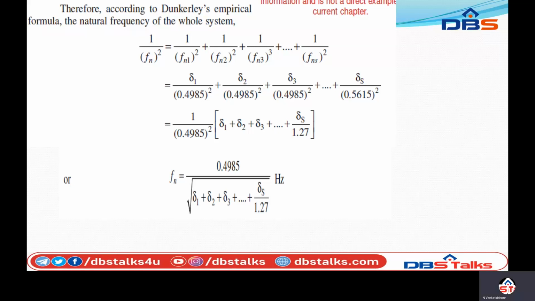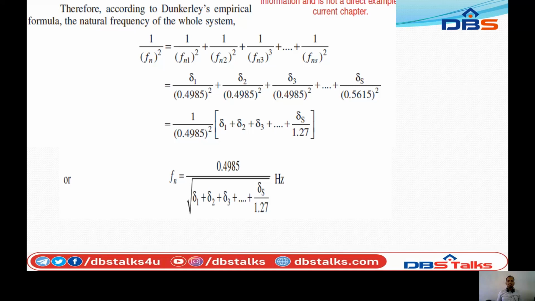If the UDL is present, delta S is there. If no UDL is present, delta S is 0. So we can remember that Fn is equal to 0.4985 by square root of delta, for however many loads with deflection are present: delta 1 plus delta 2 plus delta 3 and so on, until the nth load.